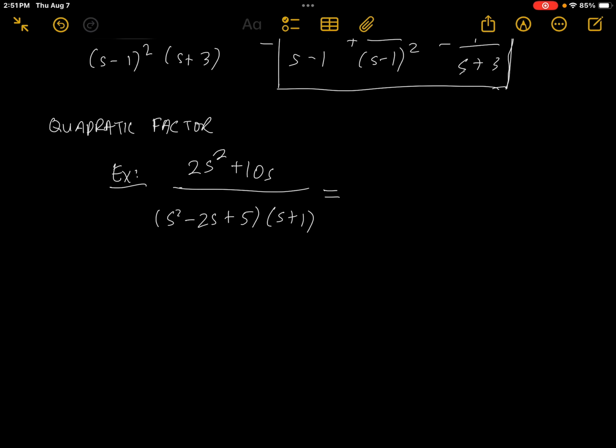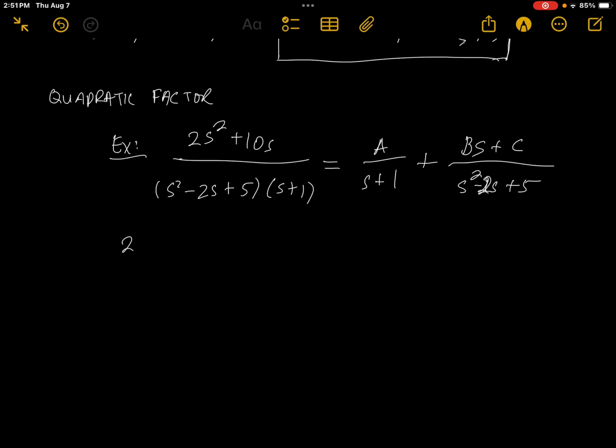So we have to get the form right first before we continue. So we have an s plus 1, a linear factor here on the bottom, so it's just going to be a over s plus 1. And then you have an s squared minus 2s plus 5, and that's not raised to any power, right? So you're just going to get like a bs plus c here over s squared minus 2s plus 5. So again, it's a degree lower. So you have a linear term in the numerator above the quadratic polynomial.